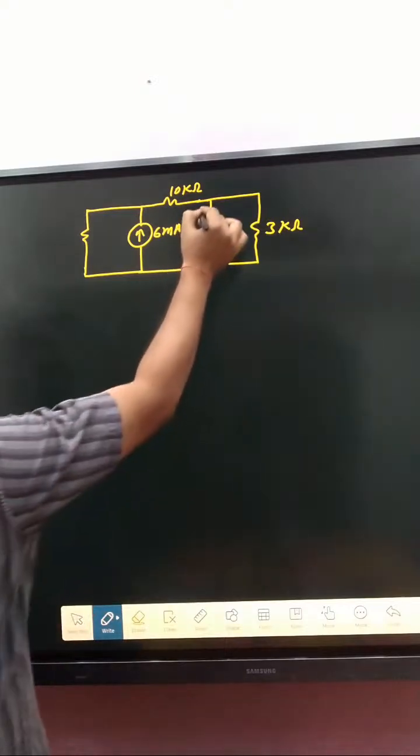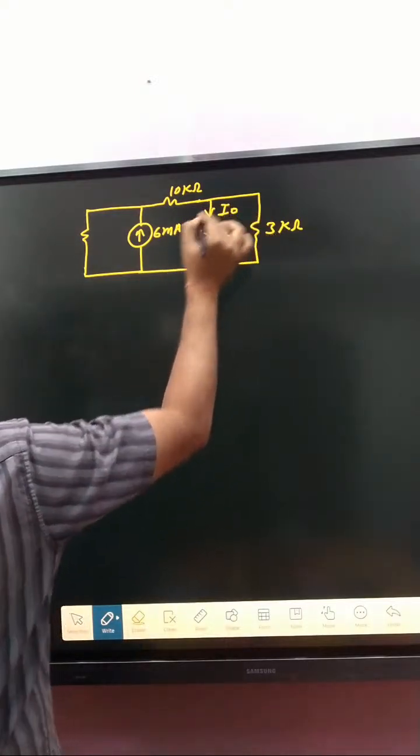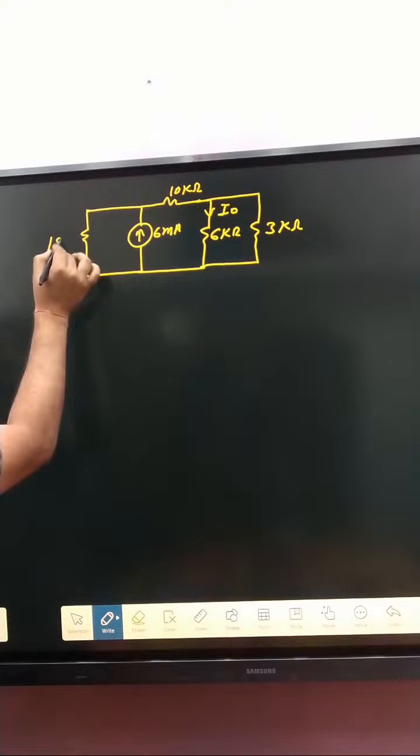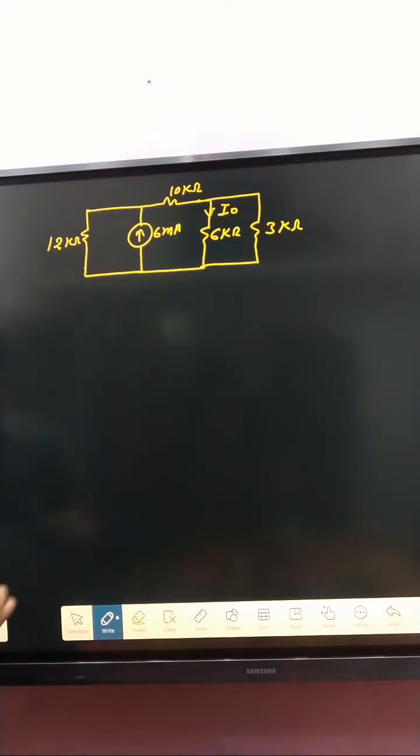Our motto is to determine I naught, and here that is 12 kilo ohm. Our motto is to determine I naught with the help of nodal analysis.